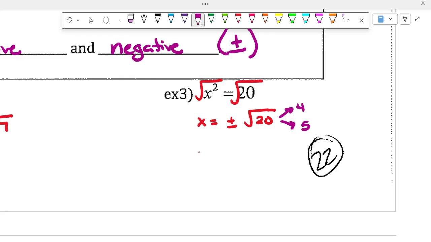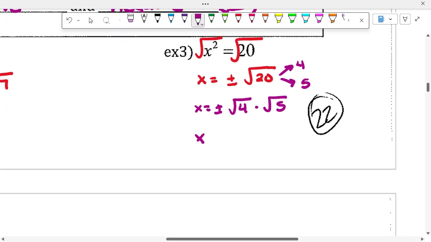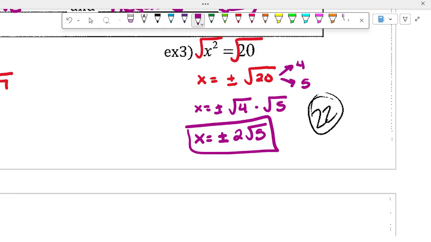So I can rewrite this as x is equal to plus or minus square root of 4 times the square root of 5. So x is equal to plus or minus what? What's the square root of 4? 2 times the square root of 5. So guys, if you can simplify the radical, I want it simplified.